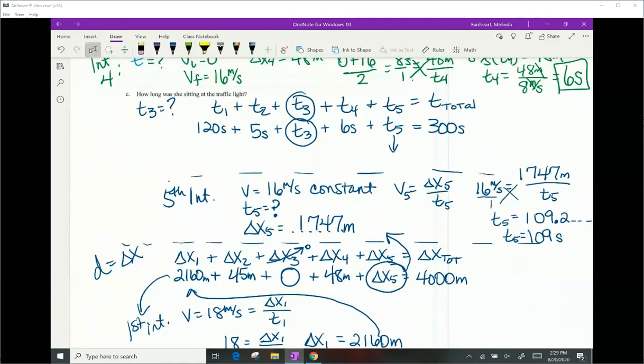And so now I know T5, I can plug it in up there. So I know 109 seconds. And maybe you've already subtracted the left times from 300, and we get a time 3. Cue the trumpets. Does anyone have an answer?